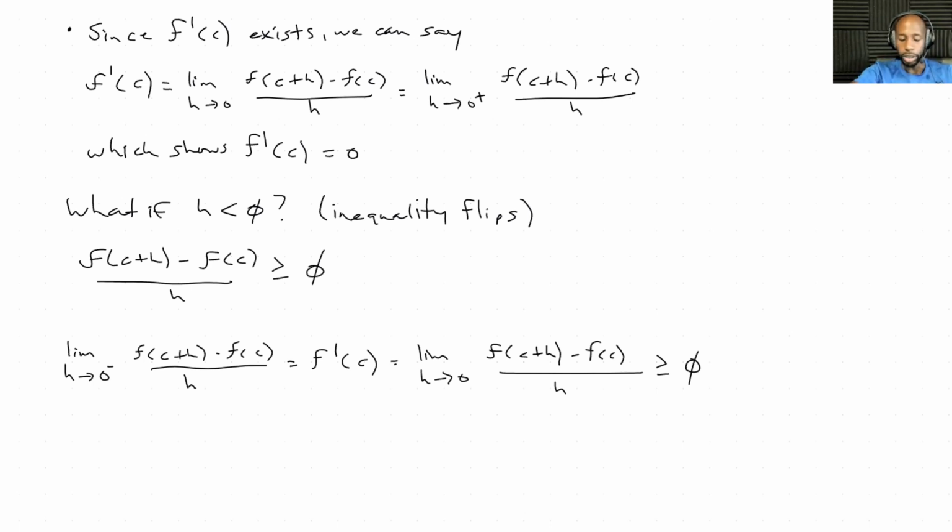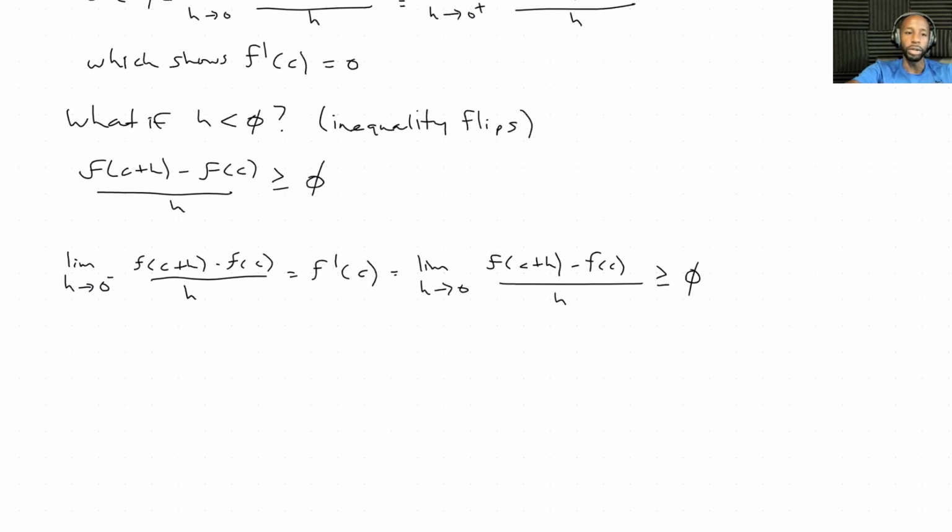Okay. All right. So this shows that the derivative at point C is less than or equal to 0, and the derivative at that point C is greater than or equal to 0.